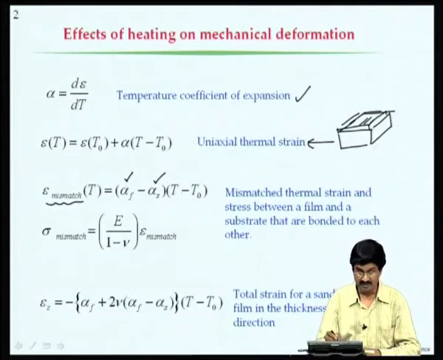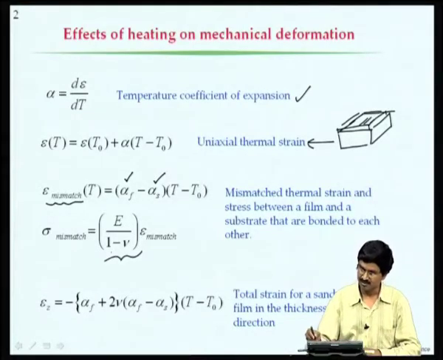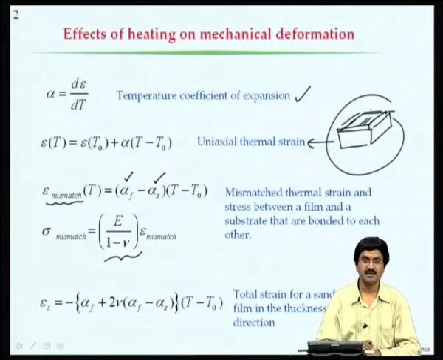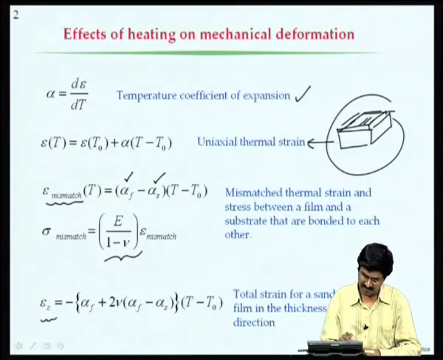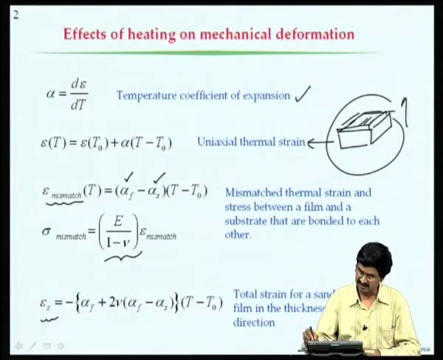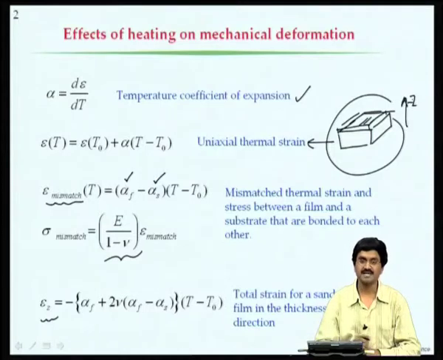And because of this, there will be a biaxial stress mismatch. So, epsilon mismatch is not multiplied just by E, but it should be multiplied by E by 1 minus nu for a situation such as this, which also we had discussed in one of the previous lectures. And if you think about what will happen to the strain in the thickness direction, if that is our z direction, what will be the strain there?